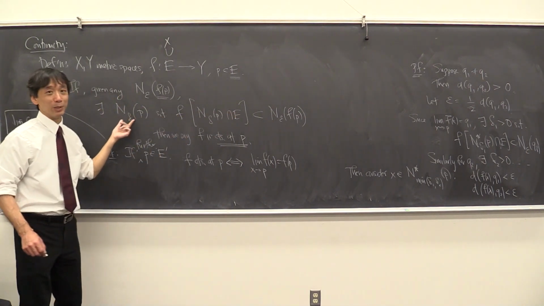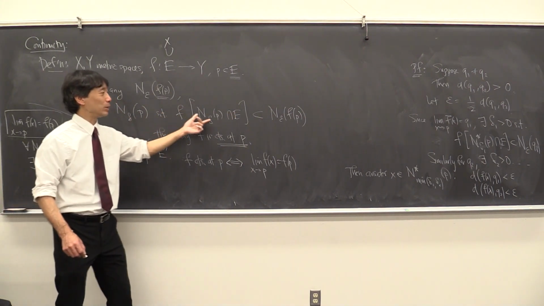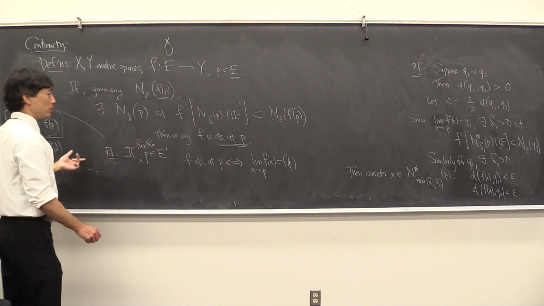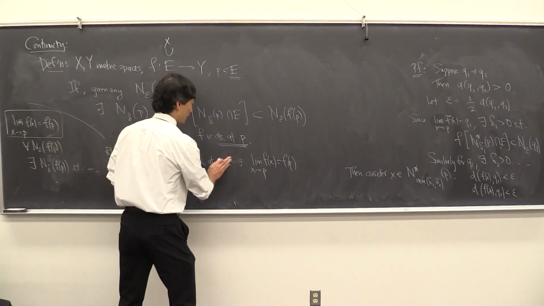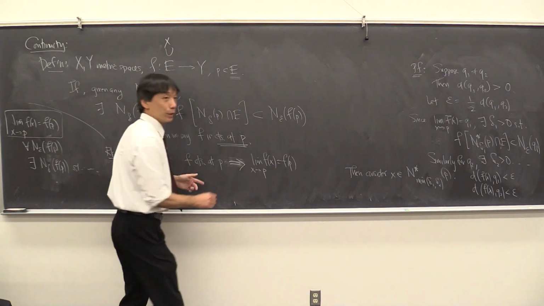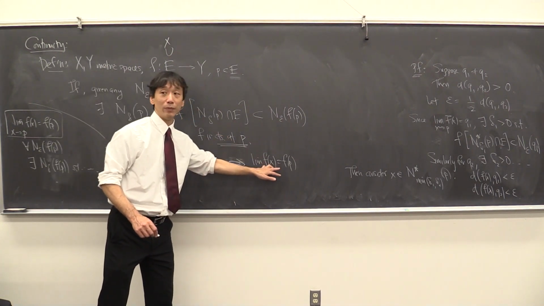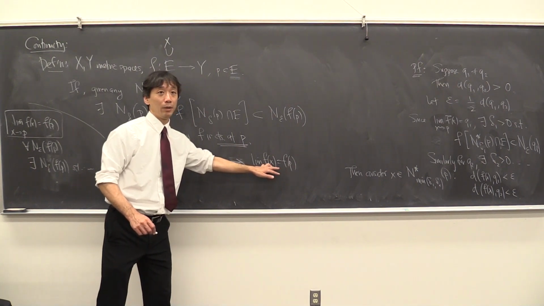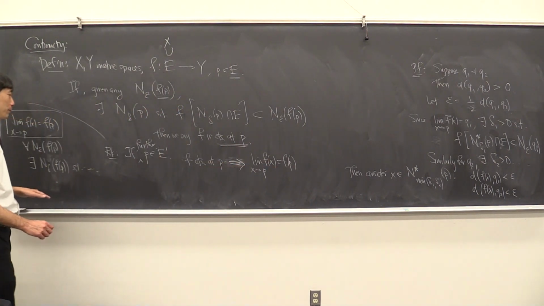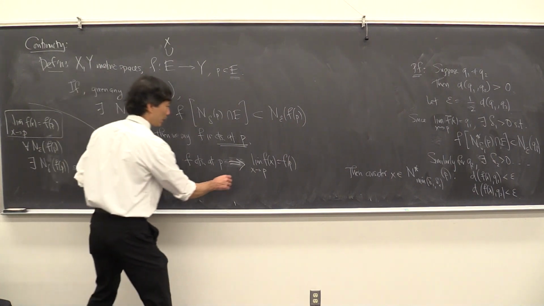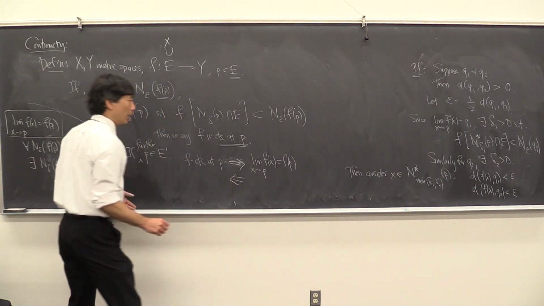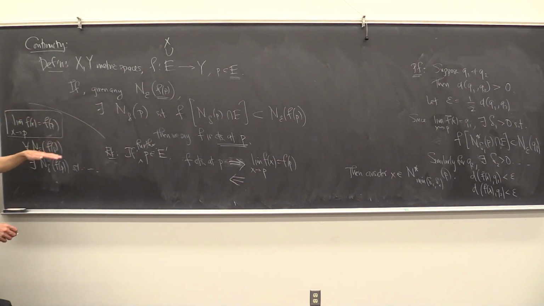Well, certainly the punctured neighborhood is still going to satisfy this, so this part is definitely true. If you're continuous at p, that definitely means that the limit of f of x is f of p. And then going backwards, if the limit of f of x equals f of p, that means that you have the punctured neighborhood.